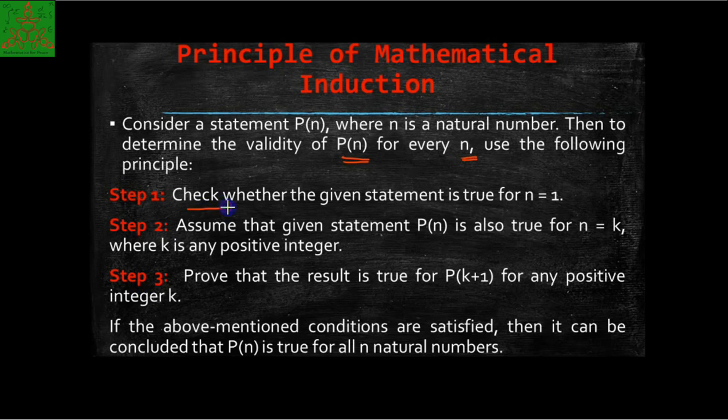Check whether the statement is true for n equal to 1. Second, assume Pk is true, that means assume the statement Pn is true for n equal to k for any given positive integer. Third, prove that Pk plus 1 is true. If these conditions are satisfied, then Pn is true for any natural number n.